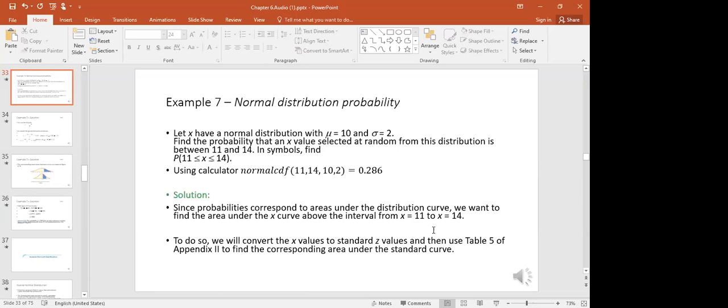So what is the lower level of the interval? You see, we are finding the probability that x is greater than 11 and less than 14. So the lower value is 11, the upper value is 14. Okay, that makes sense. So the mean is 10 and the standard deviation is 2.